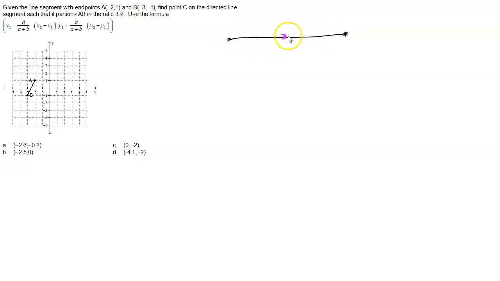If you imagine cutting it into 5 equal pieces, then 3 of the pieces would be the first part and the last 2 would be the last part. So 3 equal pieces to 2 equal pieces. But we don't know where that spot is going to be exactly.